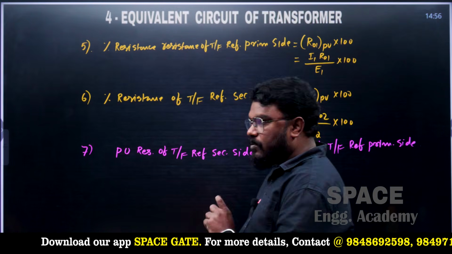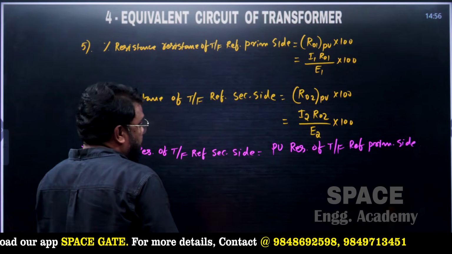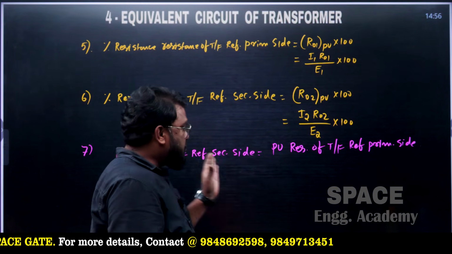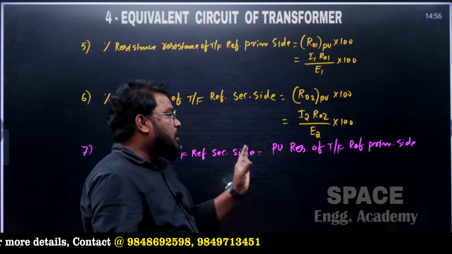So this is the relation: per unit resistance of the transformer is equal on both sides.